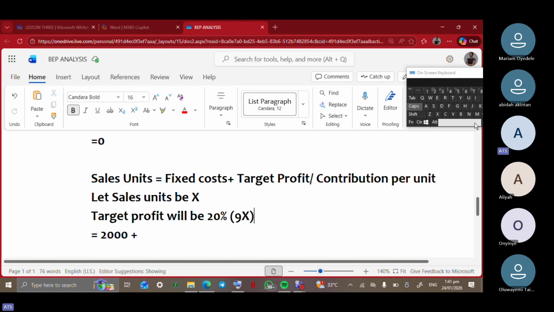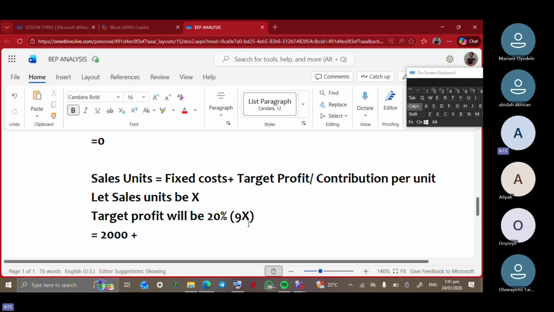Now this is what they ask us to do. At the end of all our calculations, we should be able to say our profit will be 20% of our total sales. You know that there is a difference between selling price and total sales. We have been given selling price, but we don't know what total sales is. Total sales is a function of both your selling price and the units you are selling. I hope you are following me. Yes, ma'am.